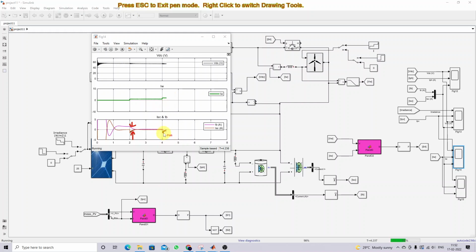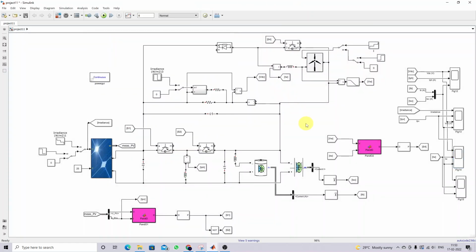Because of that, the supercapacitor is charging for some instant, and then the battery goes to charging mode. So now the wind energy conversion system fully supplies the power to the DC load as well as charges the battery and supercapacitor. So this is an operation with the wind energy conversion, battery, supercapacitor and load.